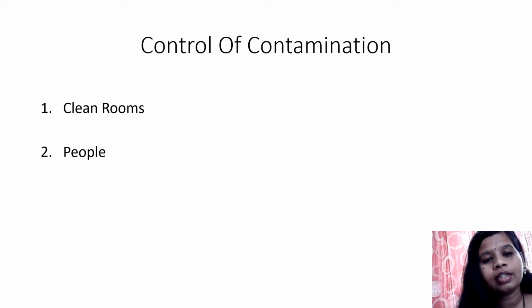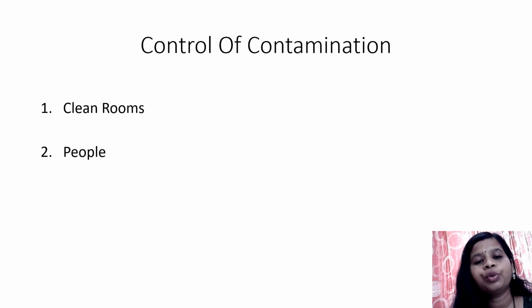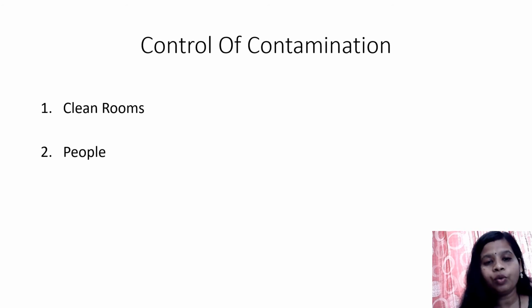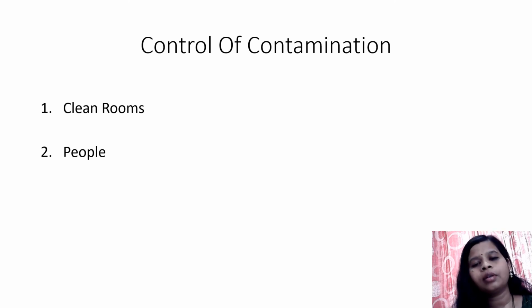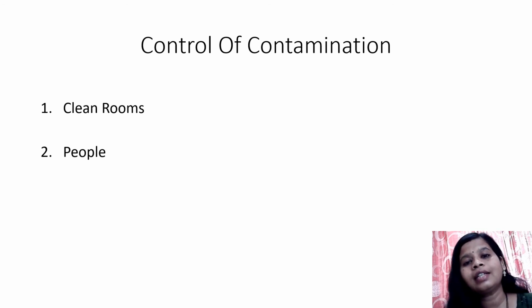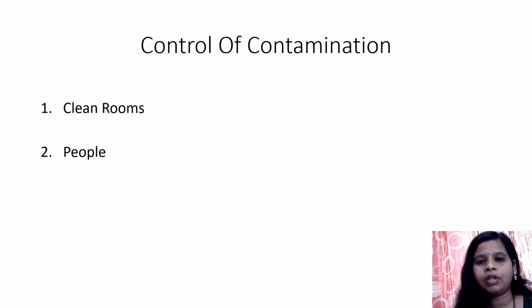The second point is the control of contamination which occurs due to people. As we have seen, skin, hair, hands, mouth and nose are the major sources of contamination. For this purpose, we should provide protective clothing to the people who are working in the aseptic area, and personal hygiene training should be given to them.